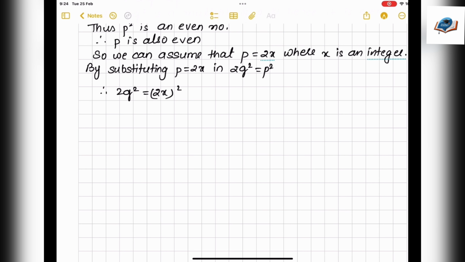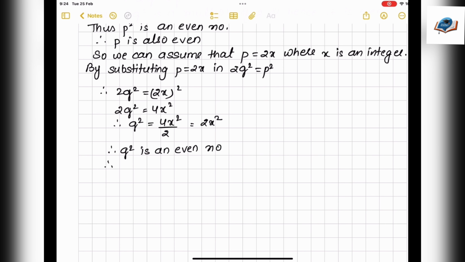So 2Q square equal to 4x square. So therefore Q square equal to 4x square upon 2, which is equal to 2x square. So therefore Q square is an even number. Therefore Q is also an even number.